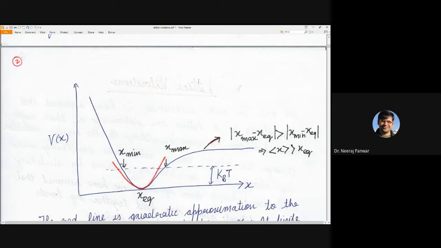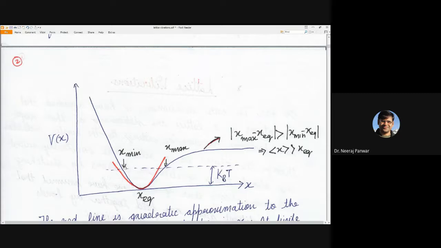And you can see on the blue curve, we have x minimum and x maximum. x maximum is the maximum distance the atom goes on the right side, and x minimum represents the minimum distance on the left side. And actually x minimum is not equal to x maximum, because when we heat any solid, it expands.